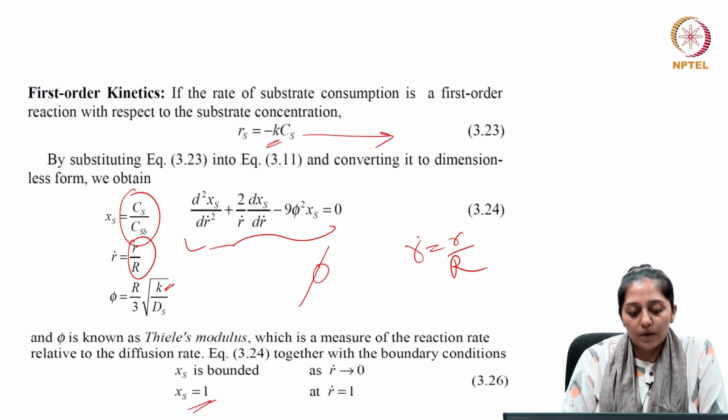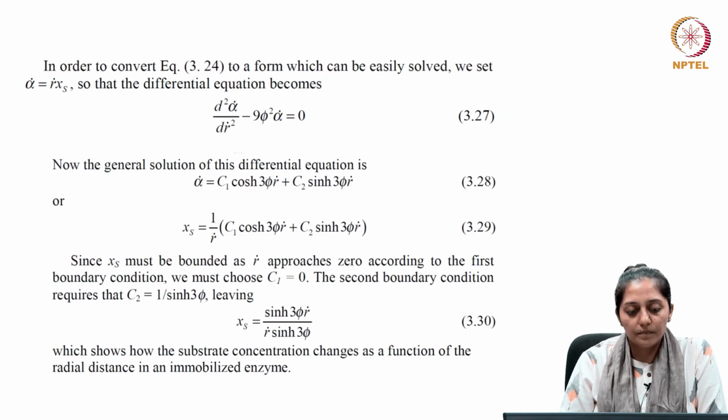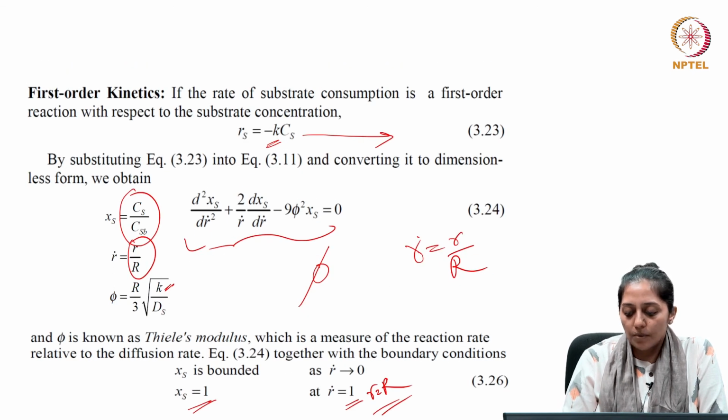Xs is equal to 1, which means Cs becomes equal to the bulk substrate concentration at the surface when R is equal to capital R, the surface of the pellet. So, the boundary conditions have been framed in terms of the dimensionless entities.